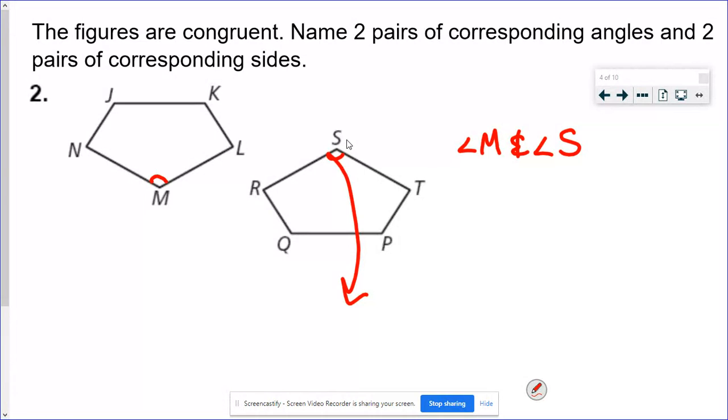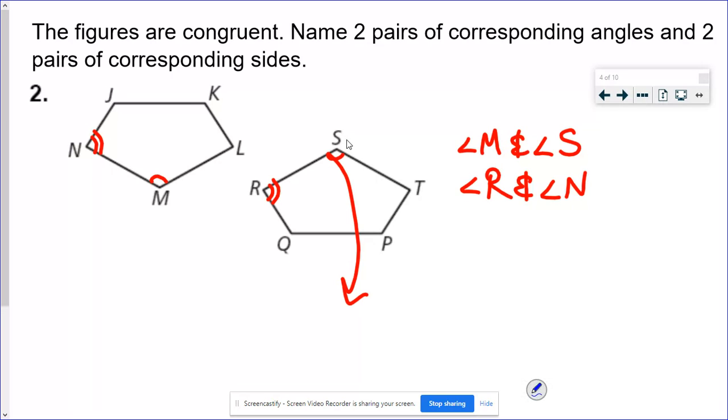If I would flip that over, then angle R, right here, would match up with angle N. If I had rotated it, it'd be a different answer for that part. So again, we're going to stick with the reflections.